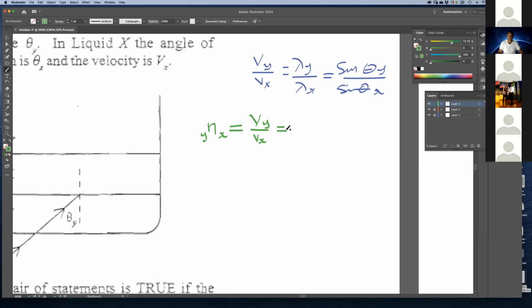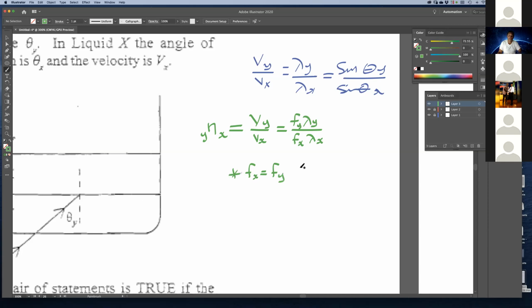And we know that velocity Vy is equal to f lambda y, not so? V is equal to f lambda. Fy, let's call it Fy for the sake of argument. And similarly for x it is Fx lambda x. But what do we know about frequency? We know that frequency of a wave does not change as the wave moves from one medium to another.